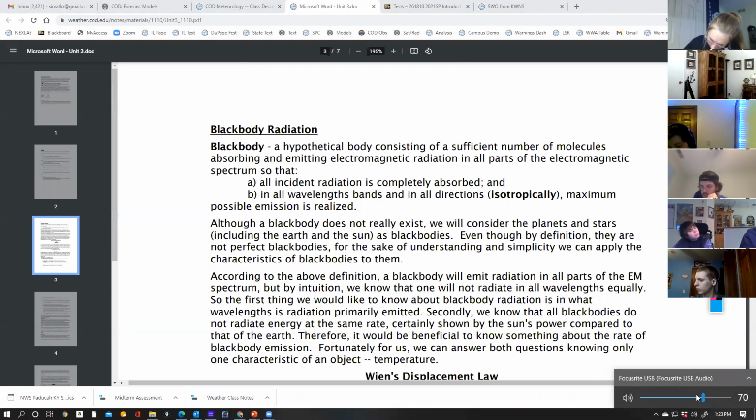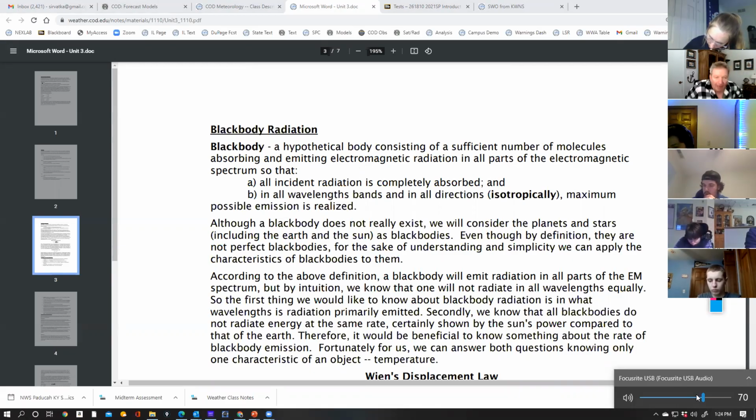Why not talk about it in reality? Because we can control many more variables than in reality. Okay, that's really good. It controls things better. We say that an object is a black body because it does certain things, and we're going to say it does them perfectly.